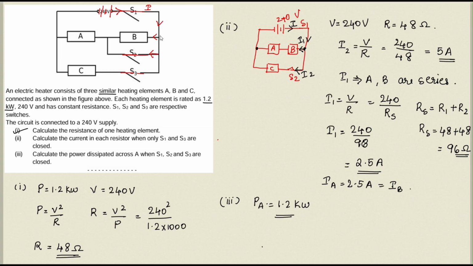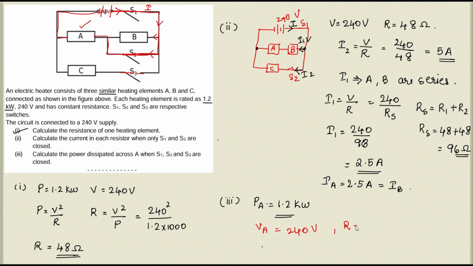When the current passes through this branch, the connection starts from the positive terminal and passes through the S2 branch, and you can see that element A is like a parallel connection to the input source. Isn't it? When S2 is closed, resistor A is in parallel combination with the input source. So the voltage across A can be taken as 240 volts.